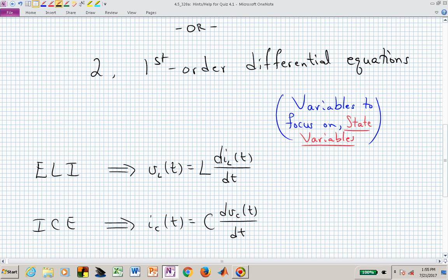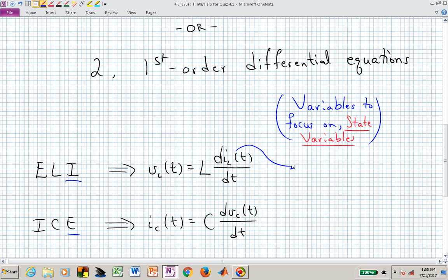Relative to those particular relationships, falling back on ELI and ICE, we can now say we need to concentrate on the inductor current or the capacitor voltage, or both of those, when we're confronted with inductors and capacitors in our circuit.